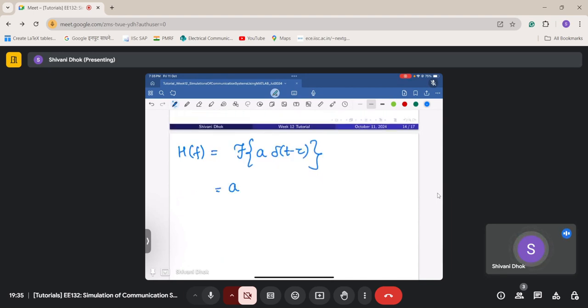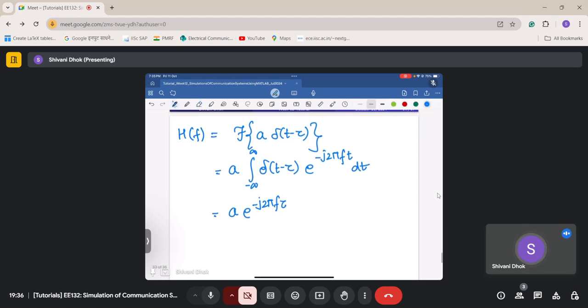Your A is a constant that I can take outside, and then it is simply the integral from minus infinity to infinity of delta(t minus tau) into e power minus j 2 pi f t dt. This is equal to A times, using the shifting property, A into e power minus j 2 pi f tau multiplied by the integral of the impulse, and the integral of any impulse over the entire time range is equal to 1.